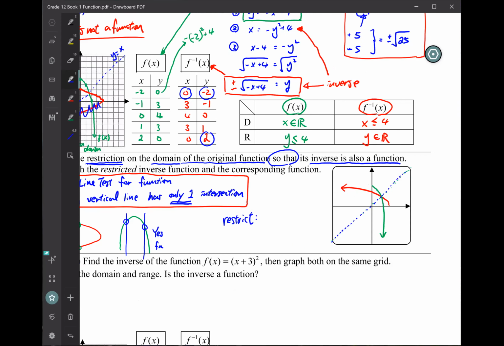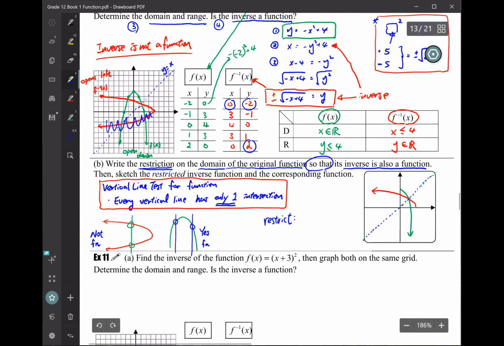Yeah. Okay, all right. So what would you say the restriction is, Eric? The restriction on the original, on the green. What would you say? x has to be what? Greater than or equal to 0. Yeah, okay, because you are keeping the right side.